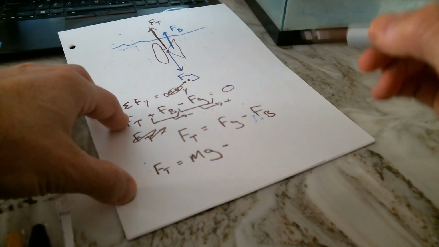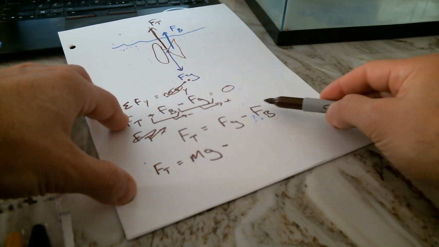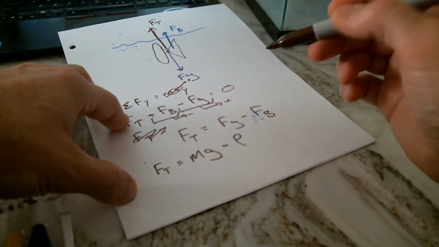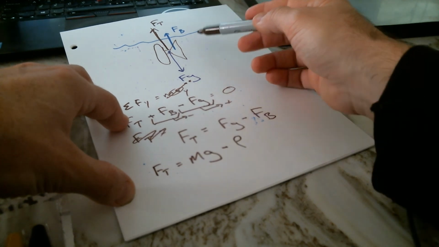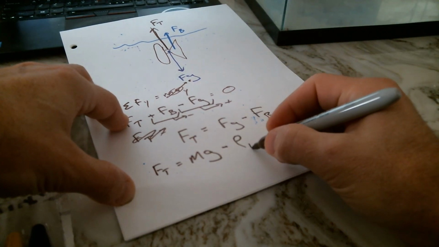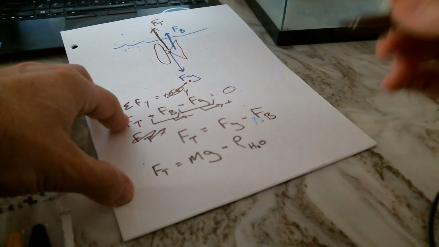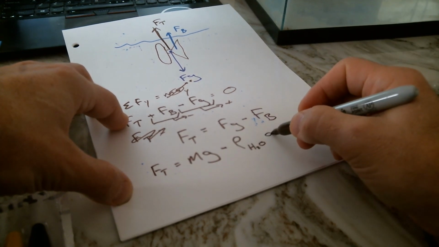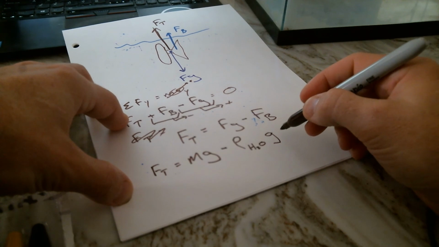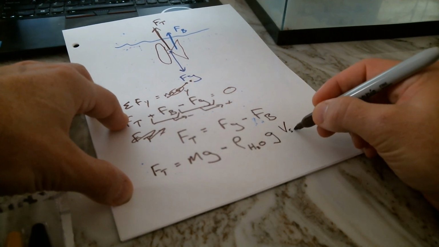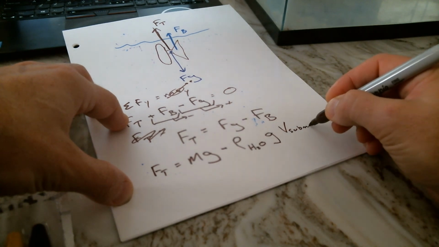Now, hopefully you remember the formula for a buoyant force. It is the density, not of the piece of metal, of the liquid it is submerged in, which is H2O. The density of the H2O times whatever gravity we're hanging out on times the volume that is submerged.